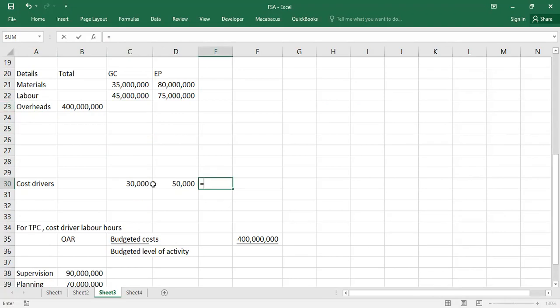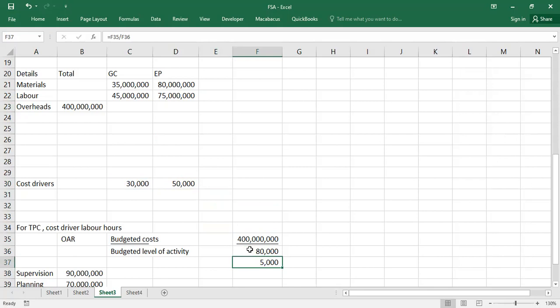Then you divide by the total budgeted cost driver or level of activity, which is also 80,000. So my OAR will be this divided by that, which is 5,000. Now that's step 3, determine the OAR.